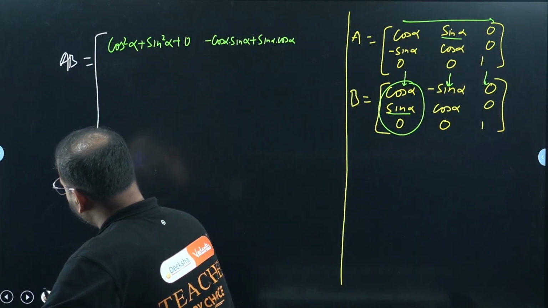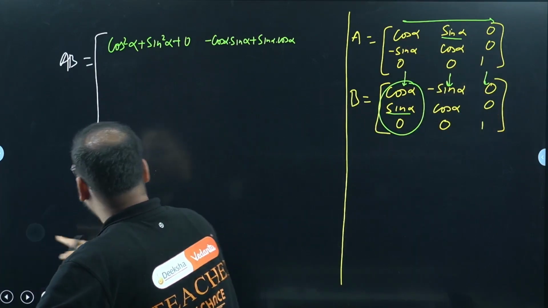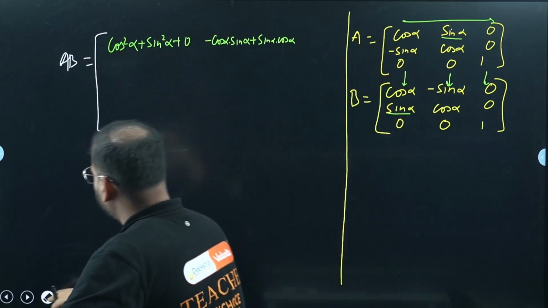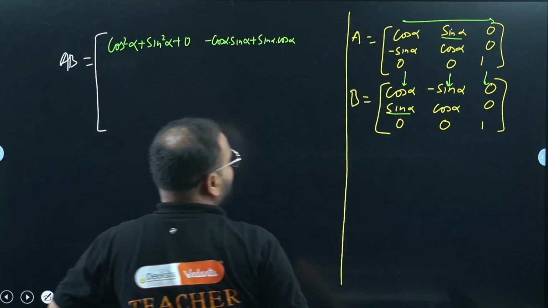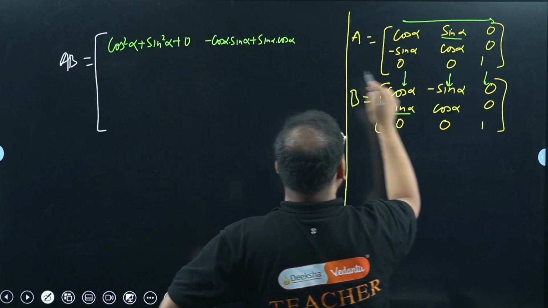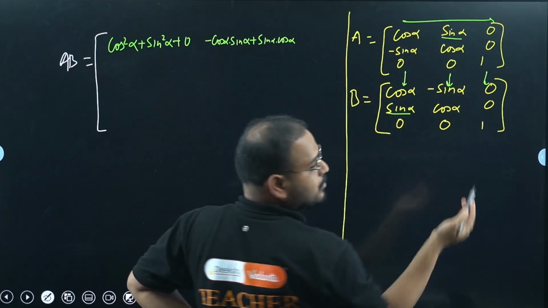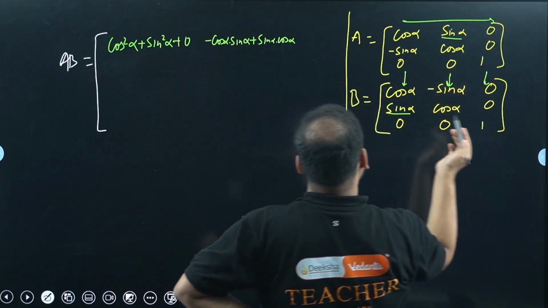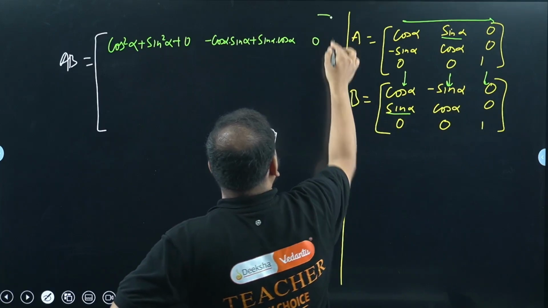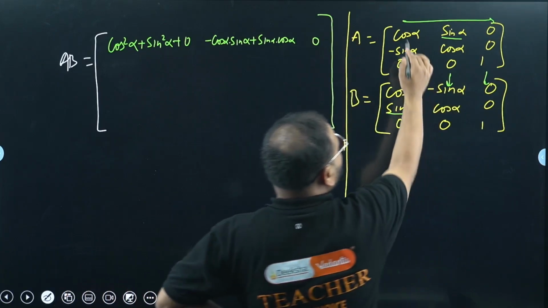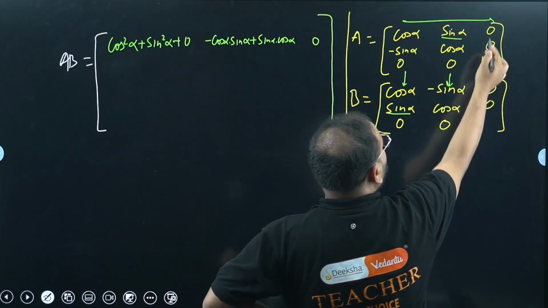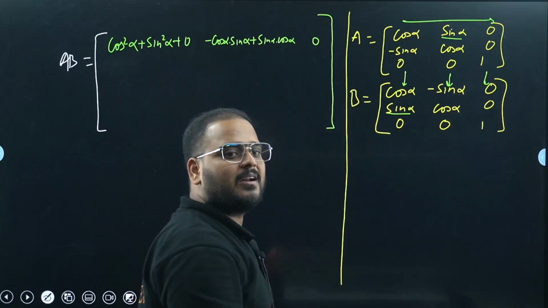Now we'll move on to first row with third column to obtain our third element. So first row: cos alpha into 0, 0, sin alpha into 0, 0, and 0 into 1, 0. So what is the last element? 0 only, sir. So all added, 0 only.